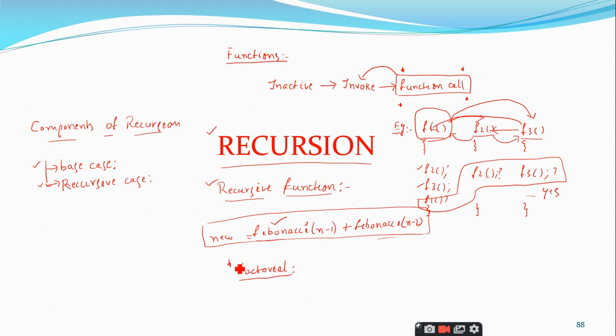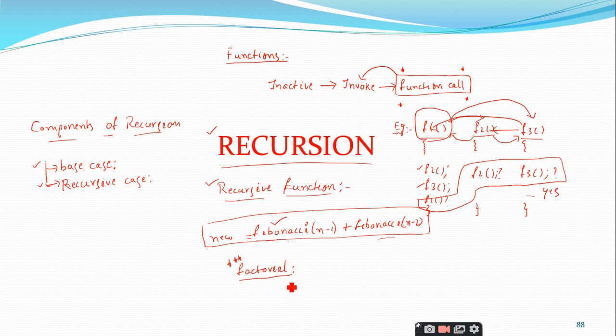So the two very good examples that we can give for recursion are the factorial and the Fibonacci. There are many programs we can implement using recursion, but the most familiar programs you can write in a simple way are the factorial program and the Fibonacci program.